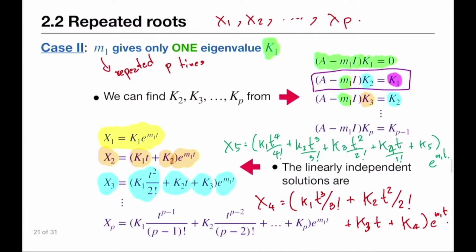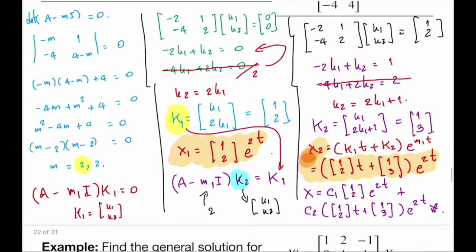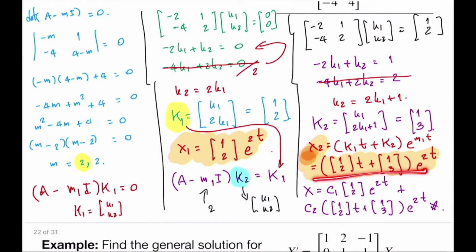It's actually from this formula, right? And then the general solution would be just c1 x1 plus c2 x2, and that's it.